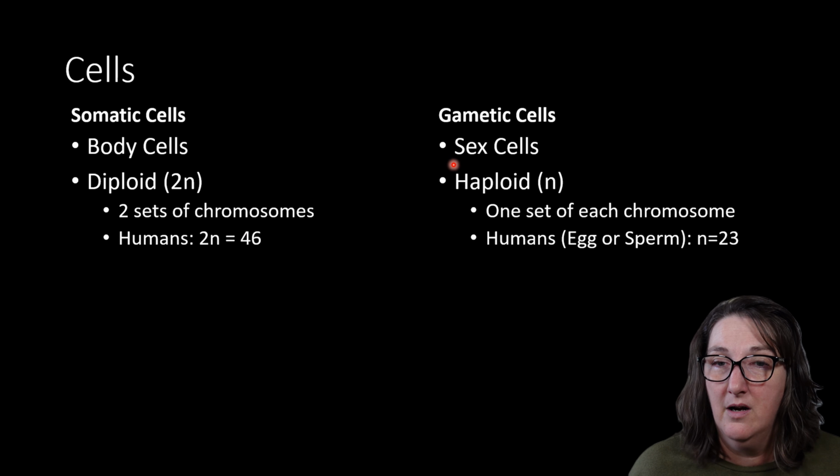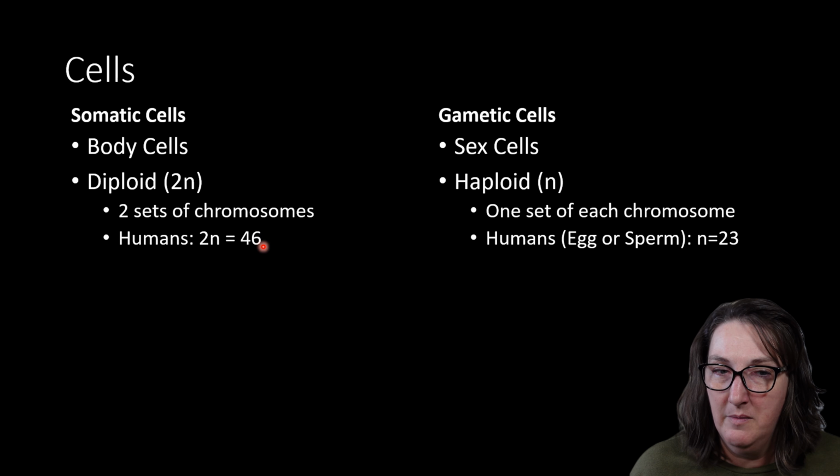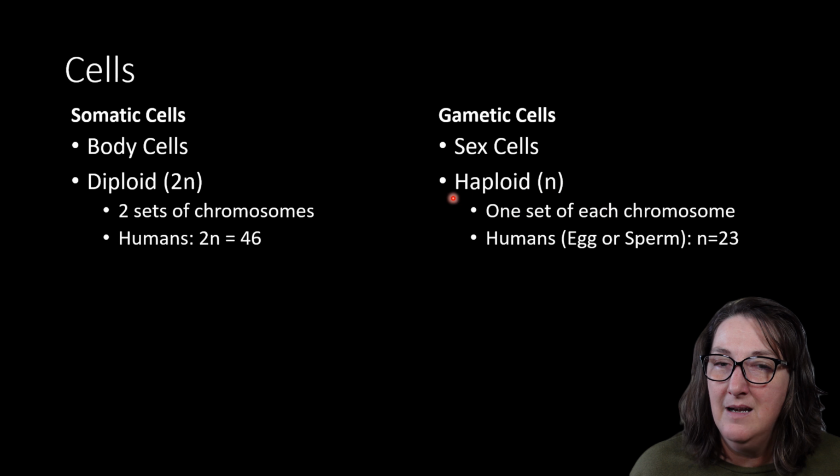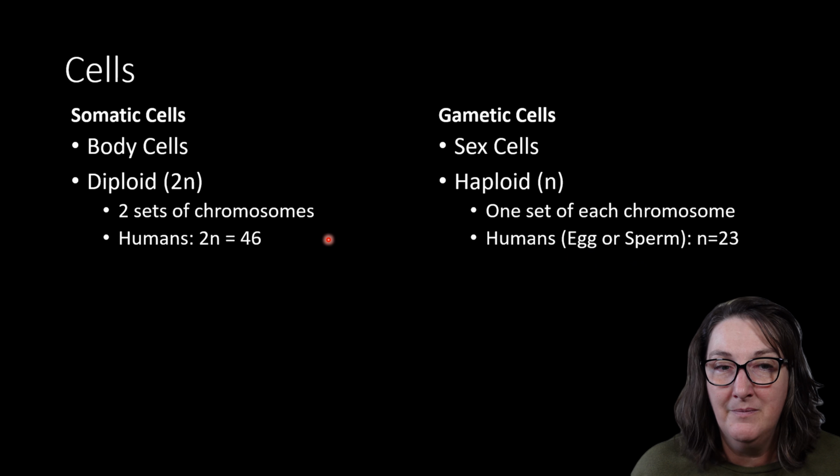Gametic cells are your sex cells, and that's either going to be egg or sperm. And these are haploid. They're going to be half this number. And the reason I need to make sure these sex cells, these gamete cells, are half is because if I have an egg or a sperm that has 46 chromosomes, this egg has 46, this sperm has 46, I'm going to have something that's going to have 92 chromosomes.